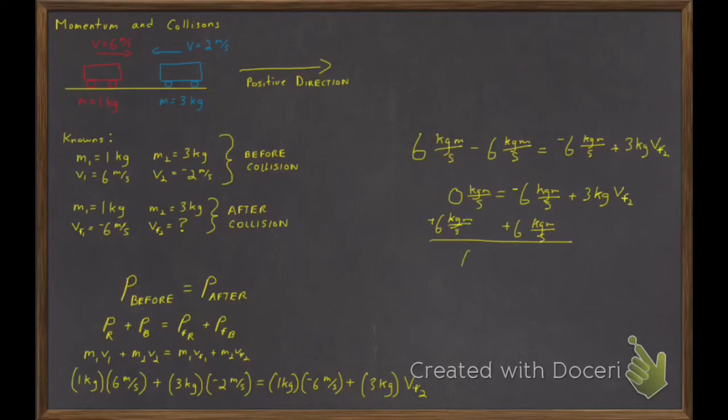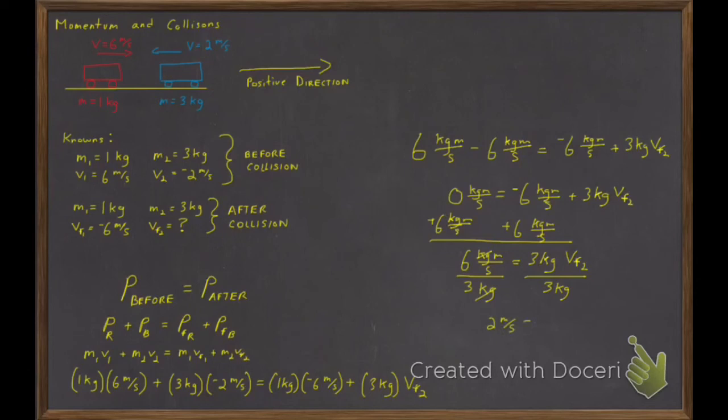And we get 6 kilogram meter per second on the left-hand side equal to 3 kilogram VF2. Okay, we divide by 3 kilograms. We can see that the kilograms cancel, and we are left with 2 meters per second.